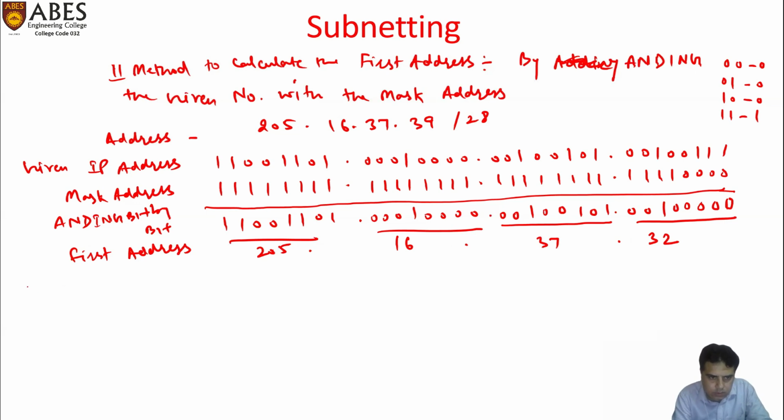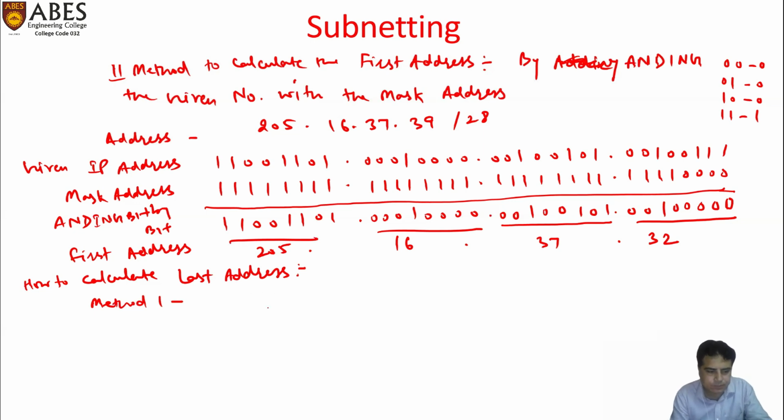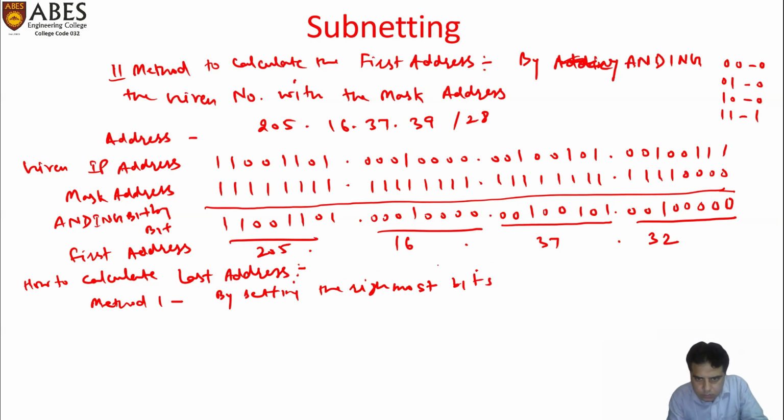Now, how to calculate the last address? This is by setting the rightmost 32 minus n bits to ones.